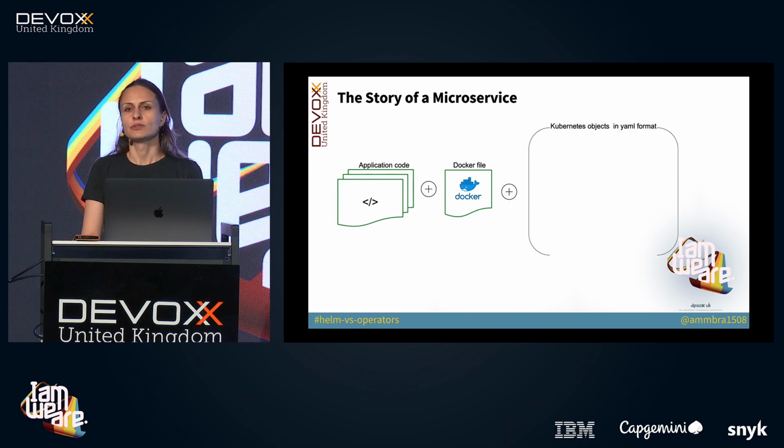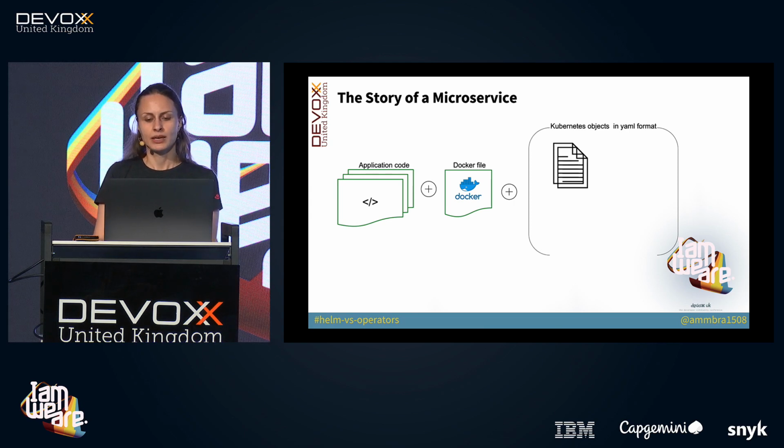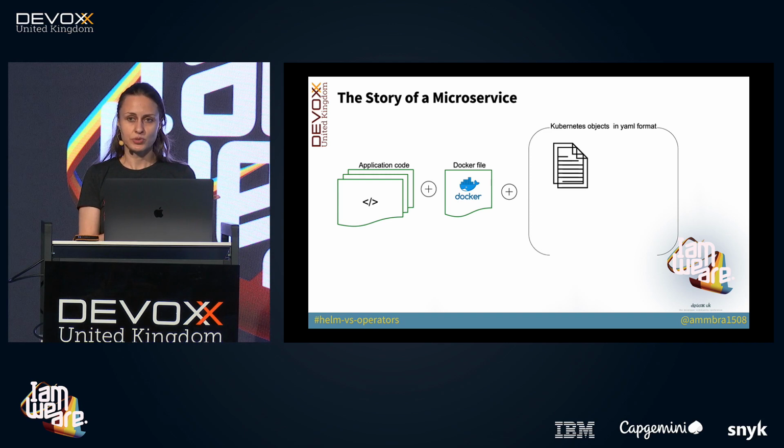So you start writing YAMLs, Kubernetes objects in YAML format. You write one, maybe two, because maybe there are some other objects that help the configuration of your microservice. And like a good developer, you split things across some YAML files.